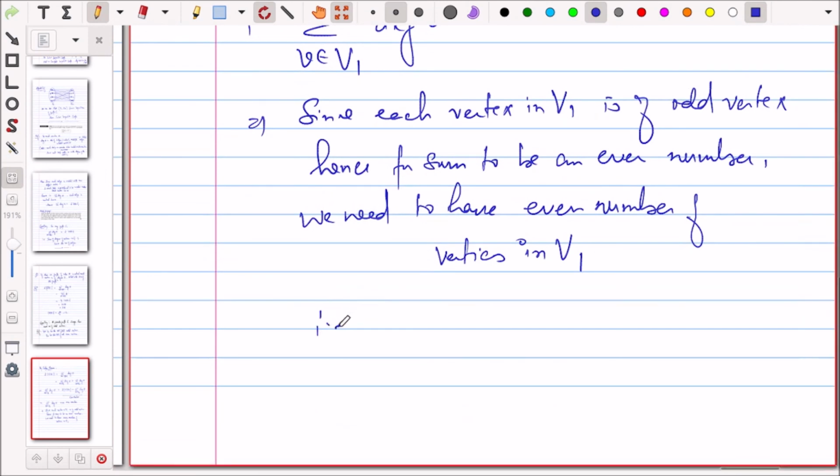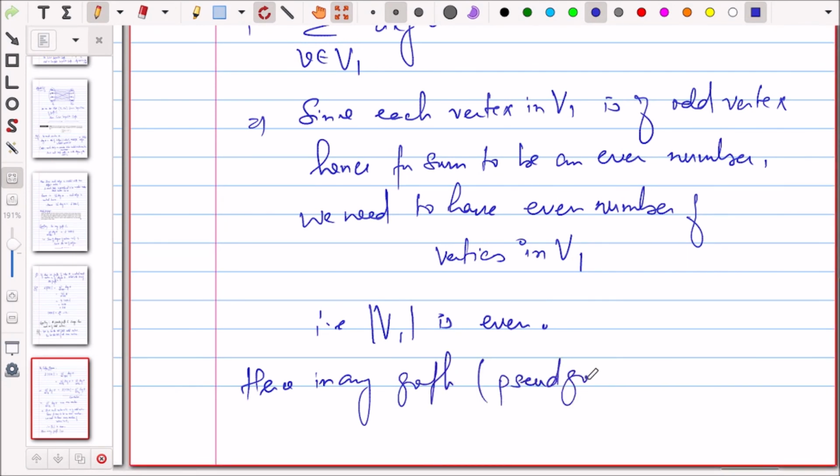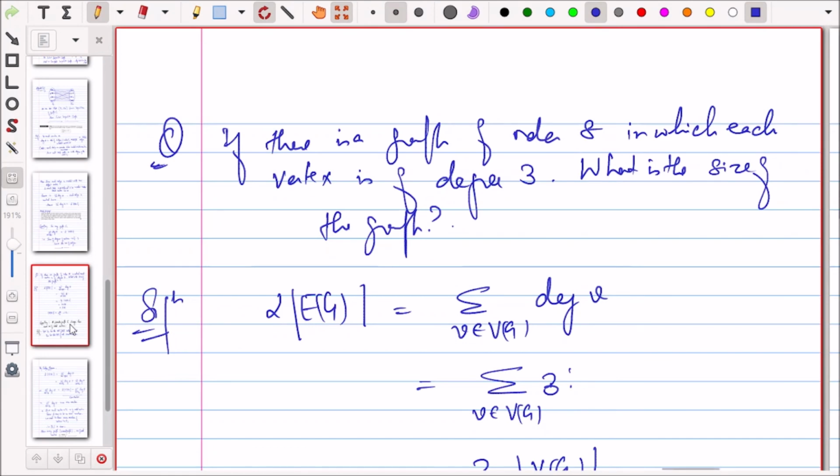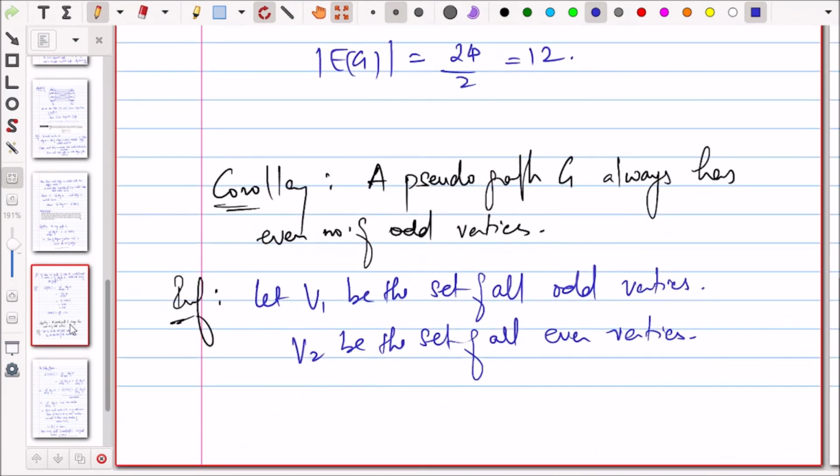So that is cardinality of V1 is even. Okay, so hence proved. Hence, in any graph or pseudograph, number of odd vertices is even. ठीक है, ये रिजल्ट हम अभी यूज करेंगे नेक्स्ट क्लास में. We will use this result that in a graph the number of odd vertices are even. ठीक है, so tomorrow we will use this result.